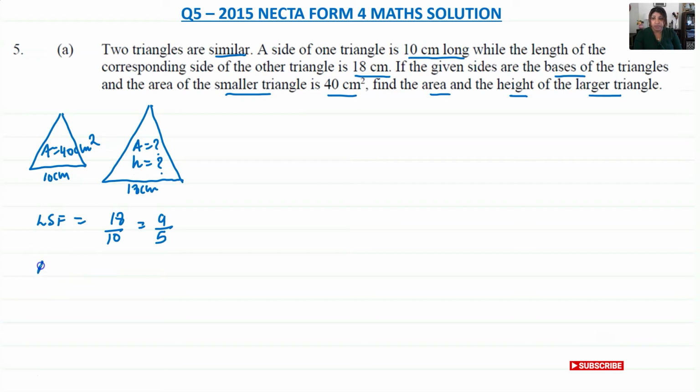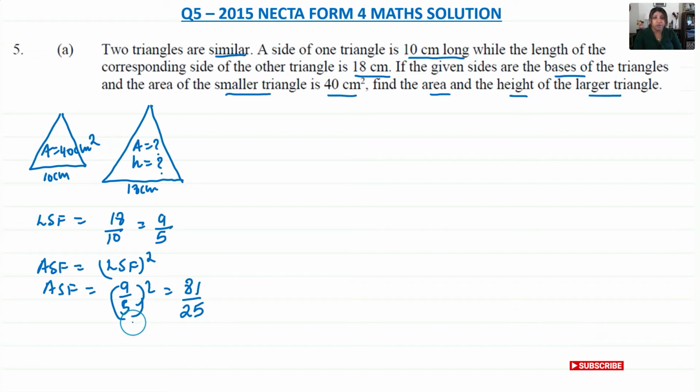Area scale factor is equal to length scale factor squared. So it's going to be 9 over 5 squared, which is equal to 81 over 25. So that's your area scale factor.